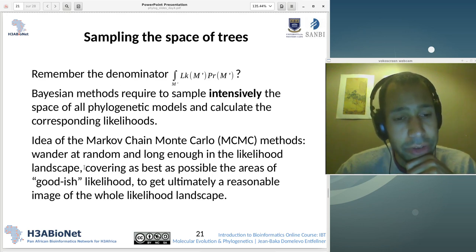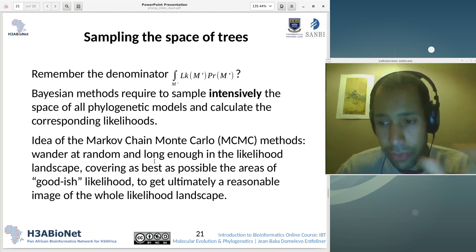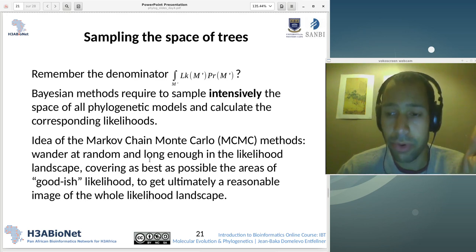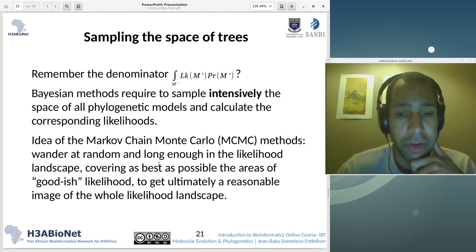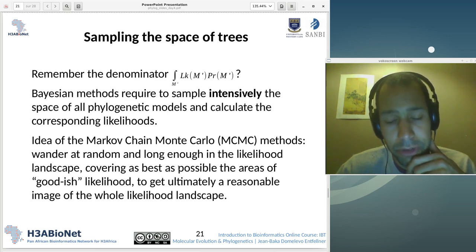So the idea of the Markov chain Monte Carlo methods is to travel at random, and long enough, in the space of all possible models, of all possible trees, and long enough in this likelihood landscape to cover as best as possible the areas of good-ish likelihood, because we approximate this infinite sum with a finite sum.